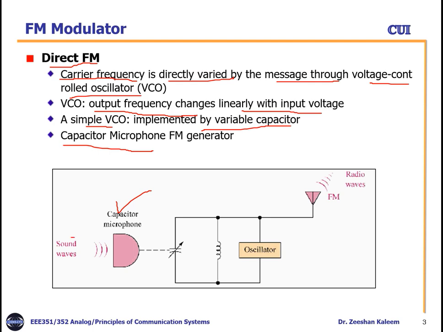When sound waves impinge on this capacitor, it changes the capacitance, and in the output the frequency varies. This capacitance varies the output frequency, and we have the final output frequency like a radio wave. So this is the simple generation of an FM signal using a variable capacitor, right? Let's move to the next slide to see further details.